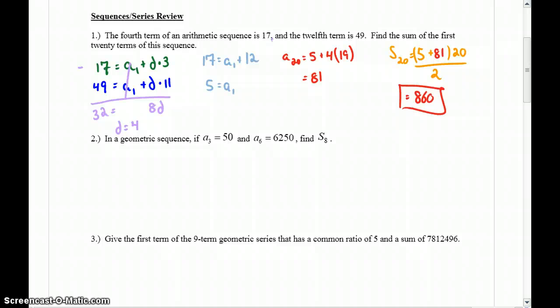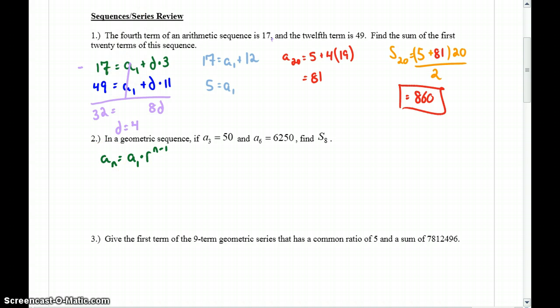In a geometric sequence, if A3 is 50 and A6 is 6,250, find the sum of the first 8 terms. It's the same thing that we did before, but now we're figuring out another sum. So, for a geometric sequence, the nth term equals the first term times some common ratio to the n minus 1th power.